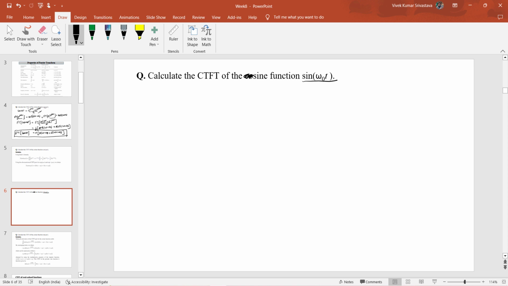I will use the second method to show you how to use the Fourier transform properties. From the previous solution we got that the Fourier transform of cos of omega naught t is pi times delta of omega minus omega naught plus delta of omega plus omega naught. That we have seen from our previous problem.